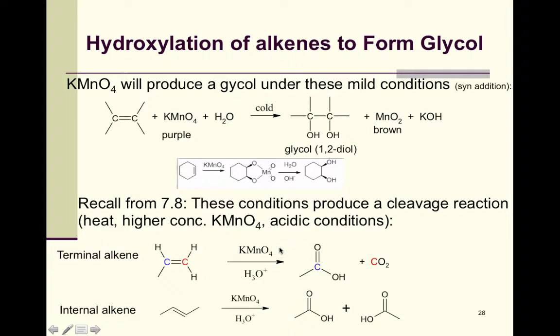If you use potassium permanganate in higher concentrations, if you use heat and also acid, what's going to happen is you'll have the cleavage reaction, and when we had the terminal alkene, it cut right here, forming CO2 and a carboxylic acid. If it was an internal alkene, the cleavage happened here, and we formed two carboxylic acids. Both of these reactions are using potassium permanganate. It's the conditions that go along with the potassium permanganate that give us different products.